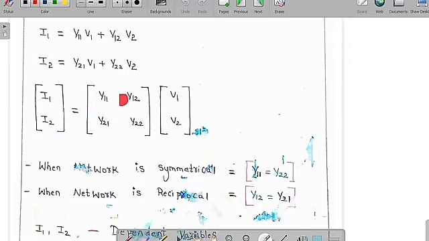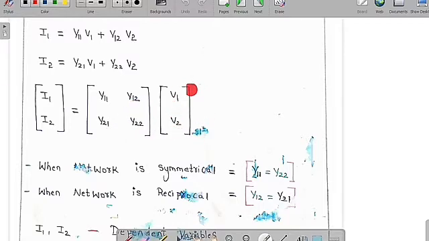If we expand into equations, we get I1 is equal to Y11 into V1 plus Y12 into V2, and I2 is equal to Y21 into V1 plus Y22 into V2. It follows the same properties as the Z parameters: the network is symmetrical only when Y11 is equal to Y22, and reciprocal only when Y12 is equal to Y21.